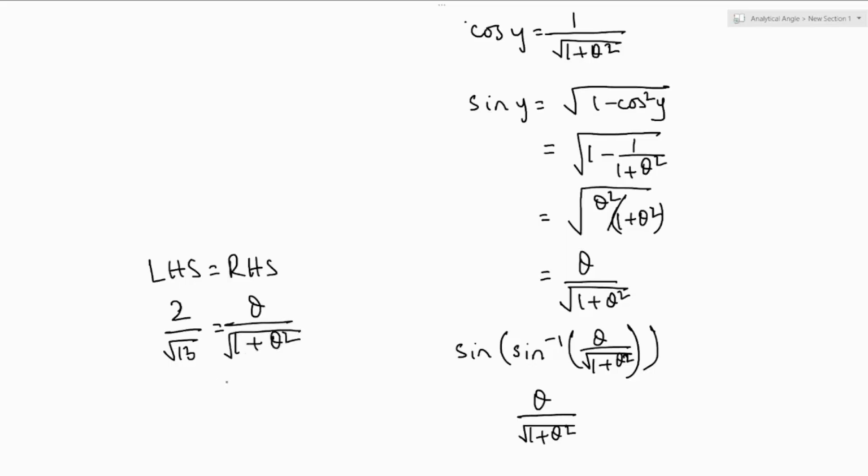If we simplify this, if we square both the sides, this comes as 4 by 13 equal to theta square by 1 plus theta square, and this simplifies to theta square is equal to 4 by 9. So basically theta comes out as 2 by 3.